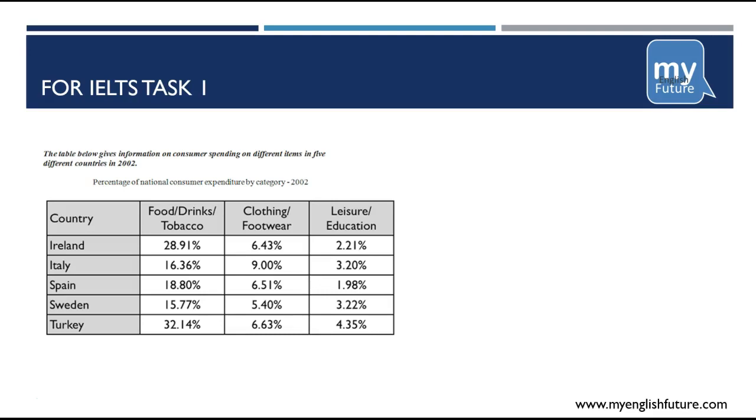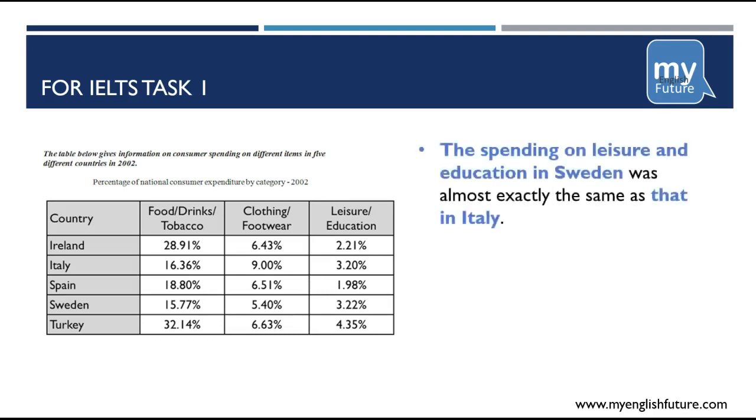Now, just before I finish, let me stress to you this is super important in IELTS and will help you get a better score, especially when you are comparing. Look at this table from a real IELTS test. The spending on leisure and education in Sweden, so we're looking at this column, and we have a noun phrase.